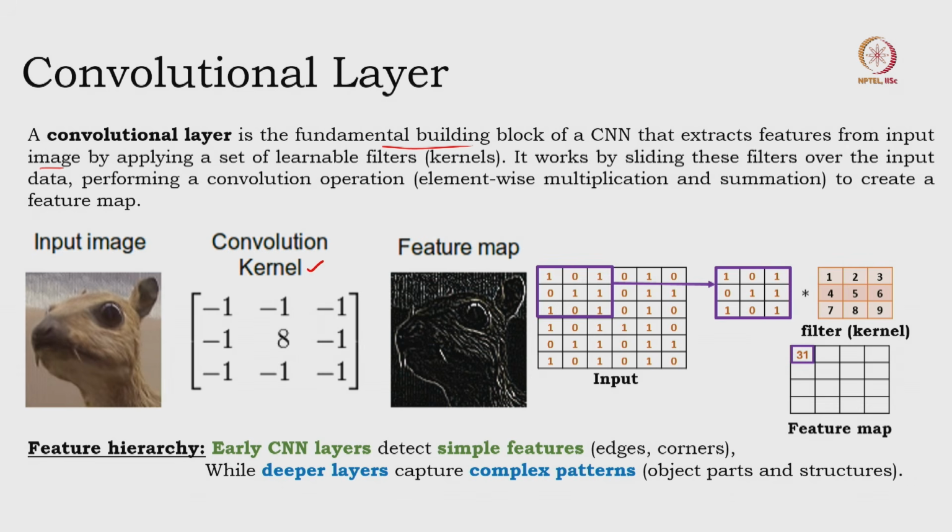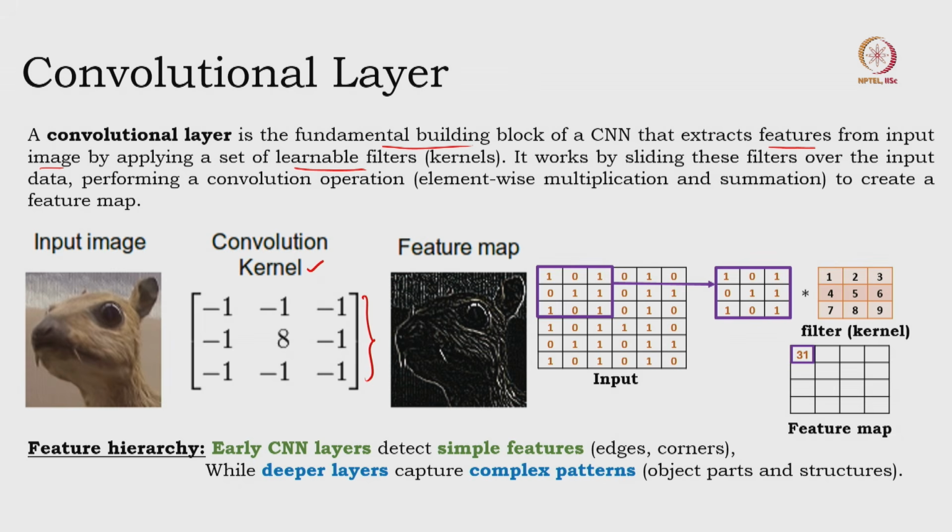Now, if that is the case, whatever values we are seeing in the kernel, are these values fixed? The answer is no. These are a set of learnable filters. All these values we are going to learn over a period of time. During backpropagation, you are going to update these values. What is convolution? It is a fundamental building block mainly used to extract the features from an input image.